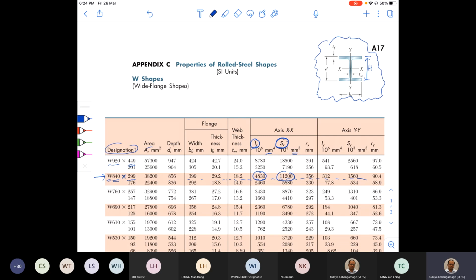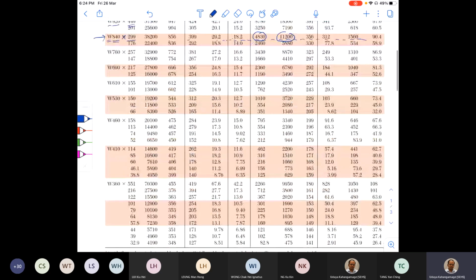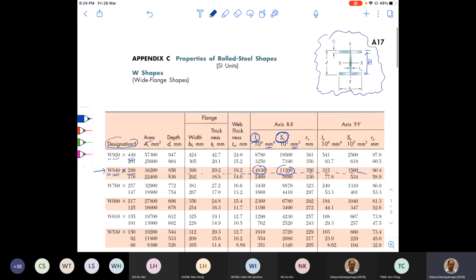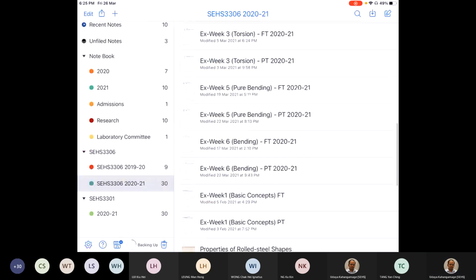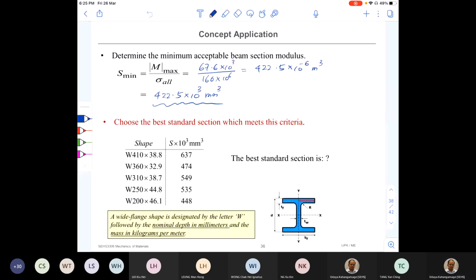Okay, so from this, I can now find a section modulus higher than the 422.5 that I have just calculated. So I have gone through all the values given and selected some sections, section shapes. These are the designations which are most appropriate for this application.